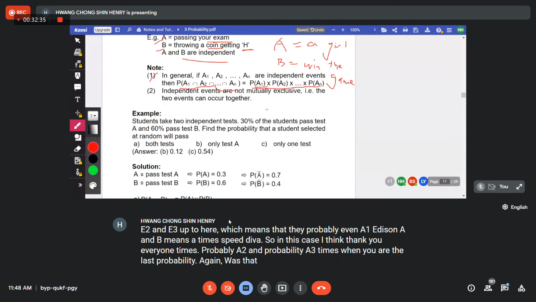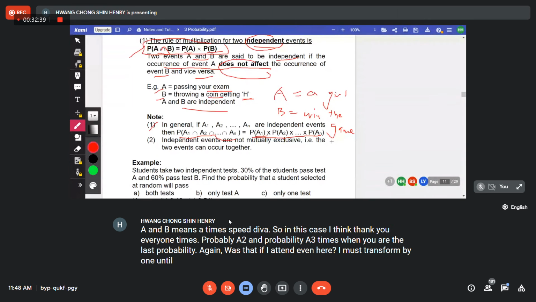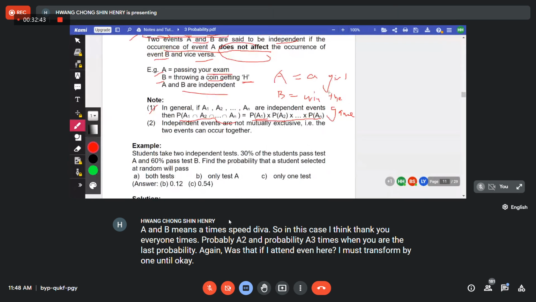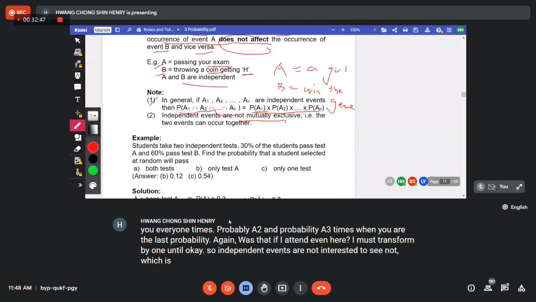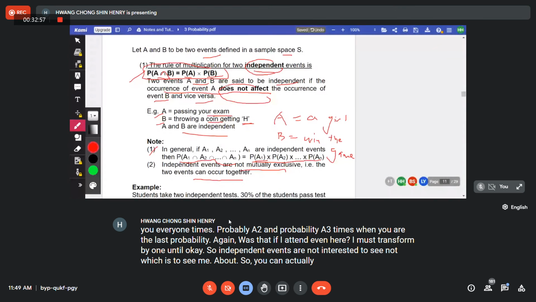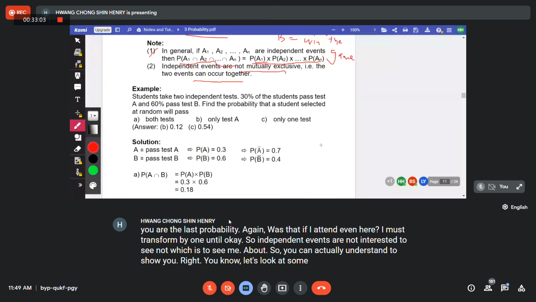If I have 10 events here, I must multiply one by one until 10. So independent events are not mutually exclusive. Not mutually exclusive means they can happen together, so we can multiply them together to show it's independent.